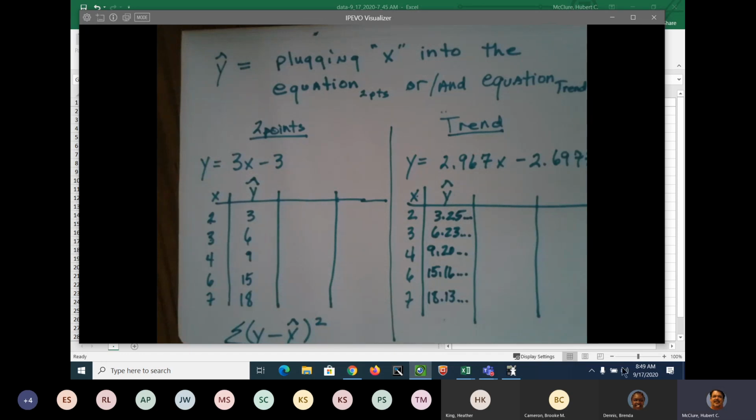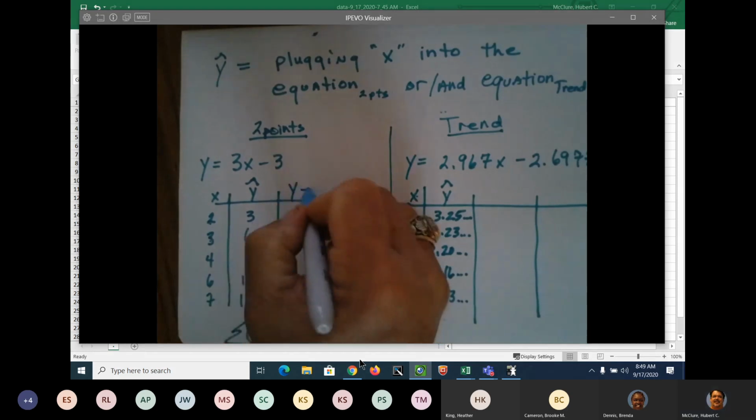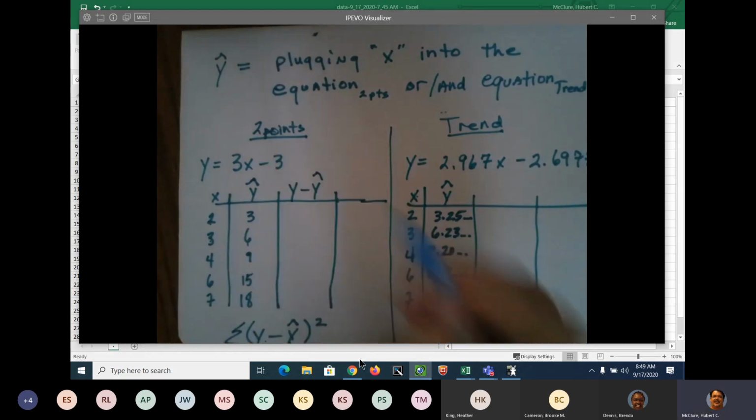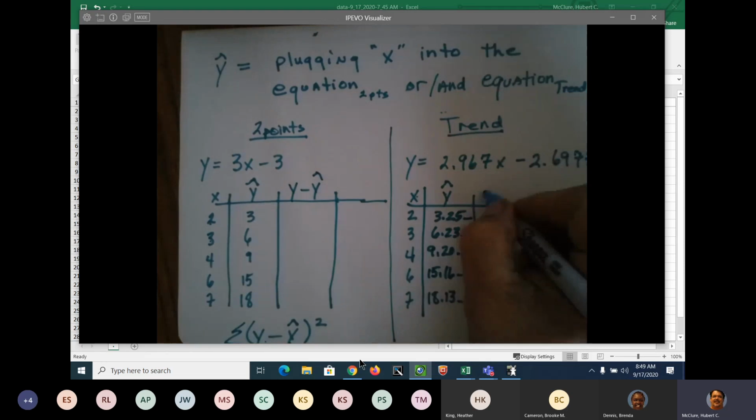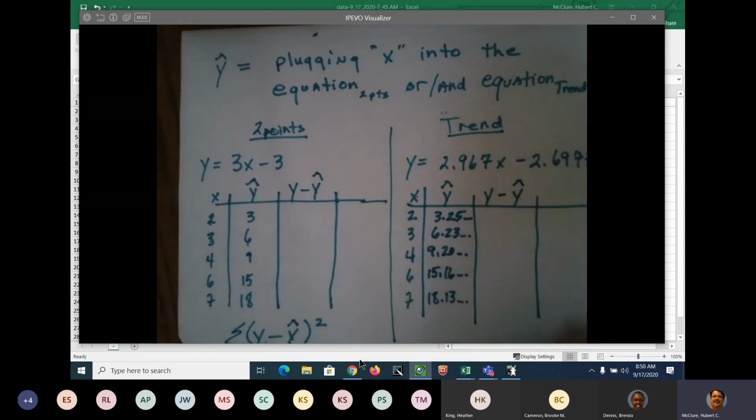Now the next column is going to be called what? Y minus y hat. Now, I'm not going to insult your intelligence by asking you what y is, because y'all know what y is. Y is the y's in the y column. So you're going to take the y and subtract 3, the y and subtract 6, the y and subtract 9, the y and subtract 15.